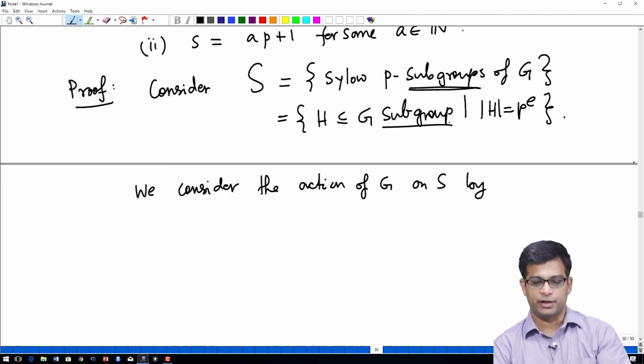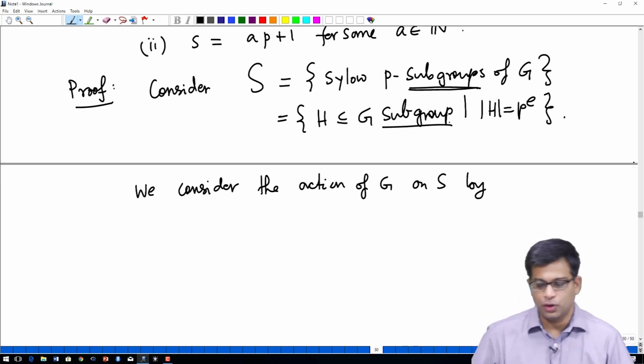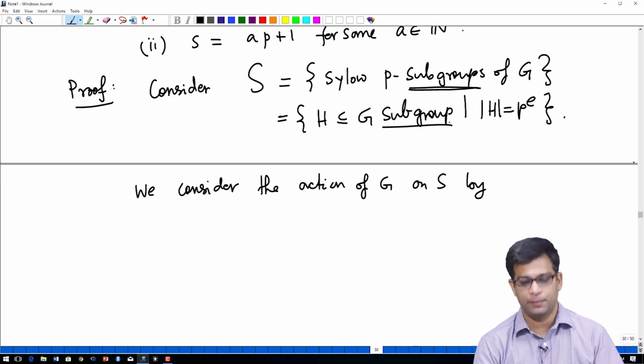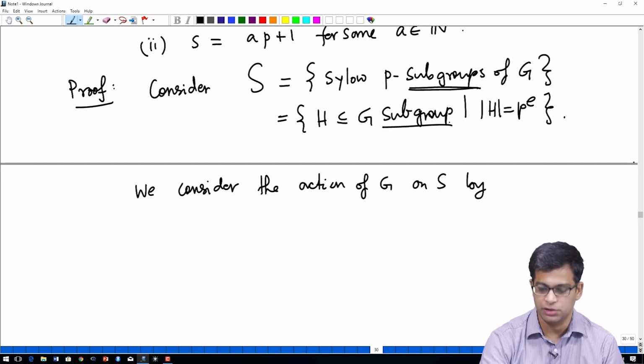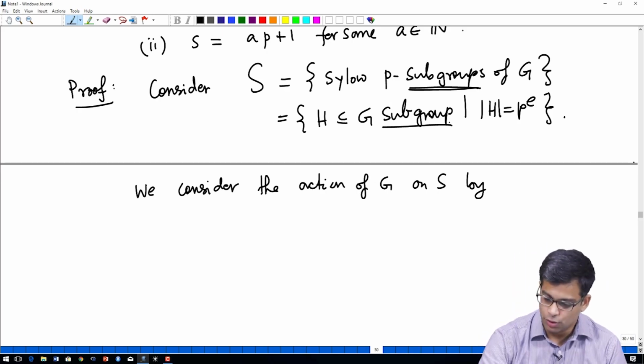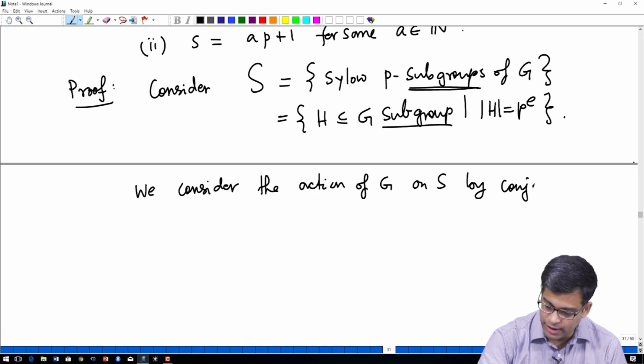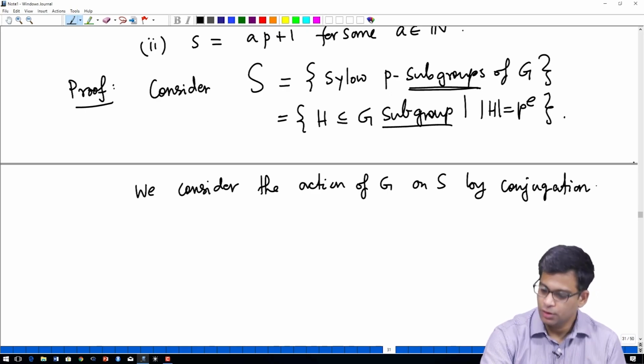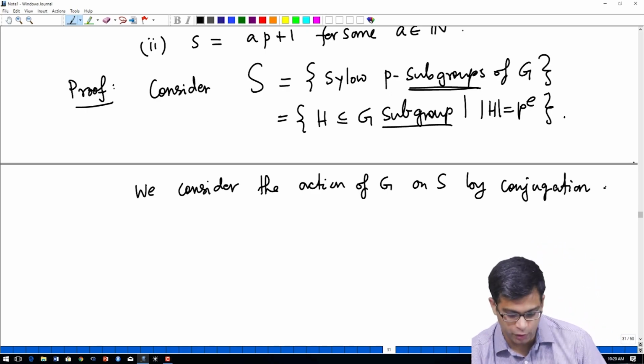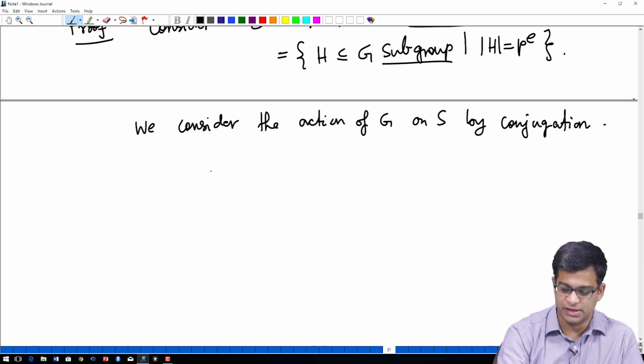If you multiply a subgroup by an element on the left, you will have a subset, not necessarily a subgroup. So, the action of G on S by left multiplication will not work, because our set now consists of subgroups. So, we are going to consider the action by conjugation. As I said in the previous video, conjugation preserves this set.